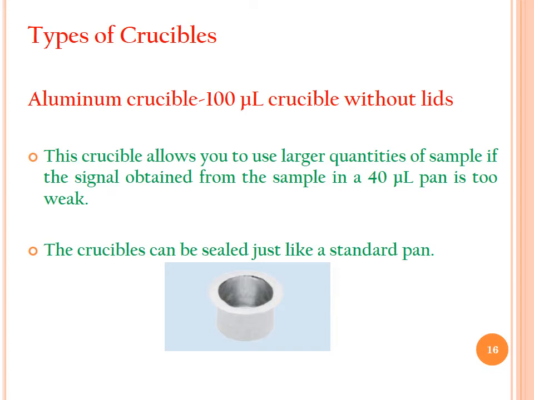The crucible can be sealed just like a standard pan. If we need to seal this type of crucible used for large size sample, then we can seal it with the other crucible lid which has already been mentioned, with a specific type of lid. The lid can be used depending upon the material which is going to be analyzed by the TGA or DSC.